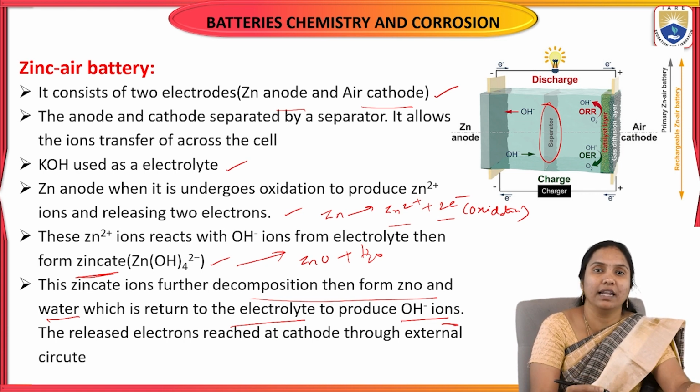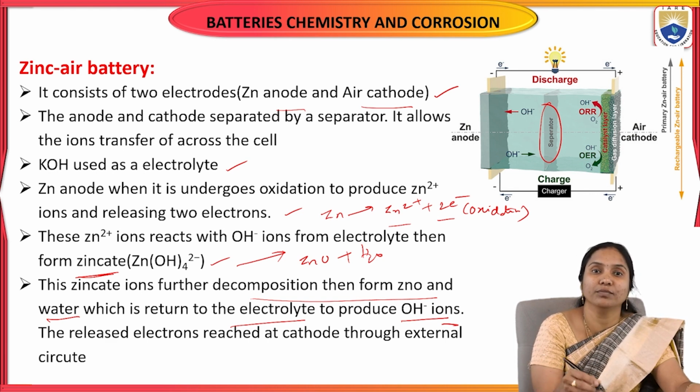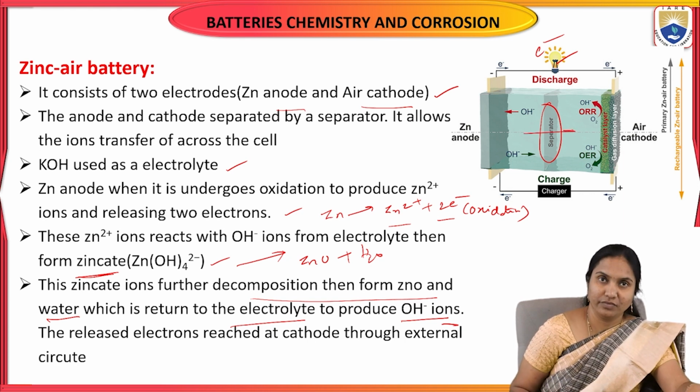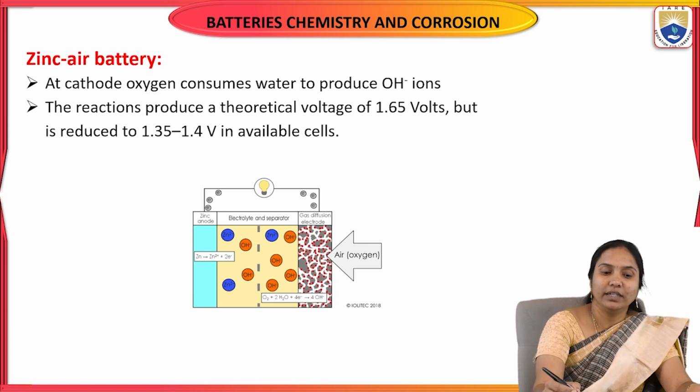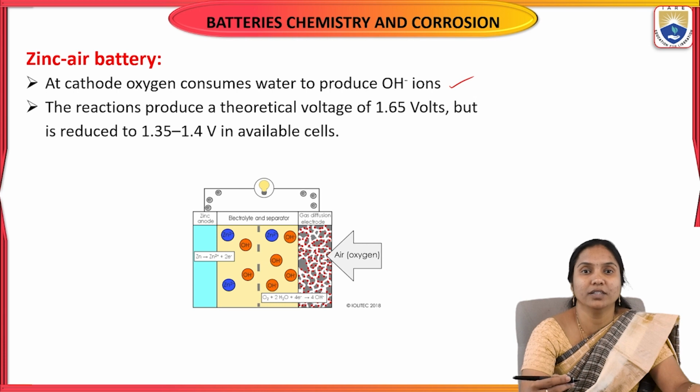The electrons released at the anodic area, the two electrons lost, move to the cathodic area through the external circuit, and ions move through the separator. At the cathodic area, as we just discussed, oxygen acts as cathode, oxygen from atmospheric air.